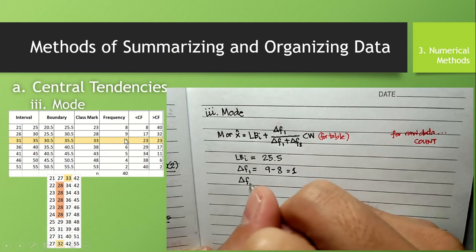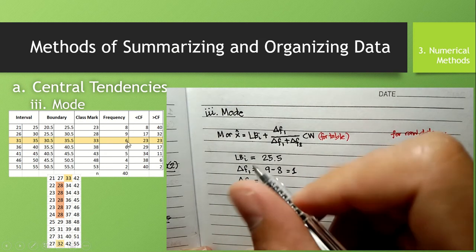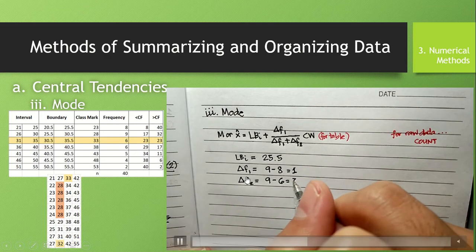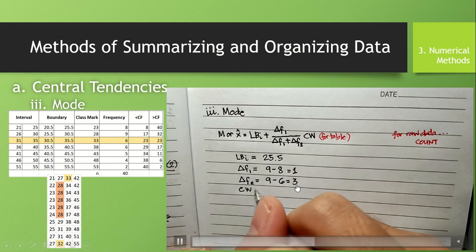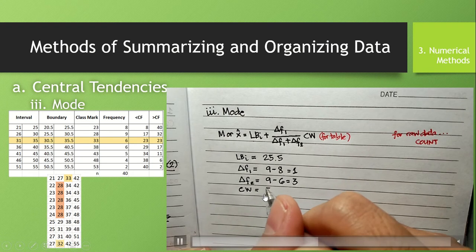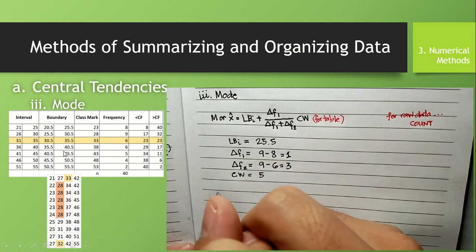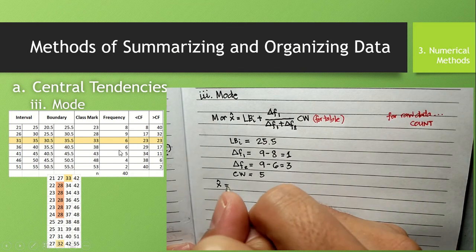Our delta f sub 2 is the frequency of the modal class subtracted by the frequency of the next class interval, and that is 6. So delta f sub 1 is 1, delta f sub 2 is 3. Of course, the class width is still 5. It will be constant for all these as long as we use these values or data.